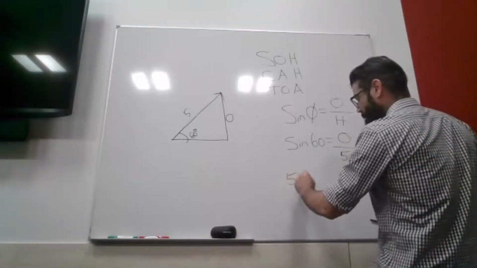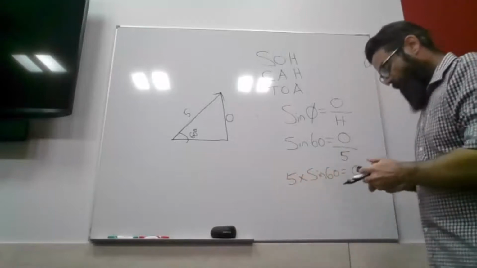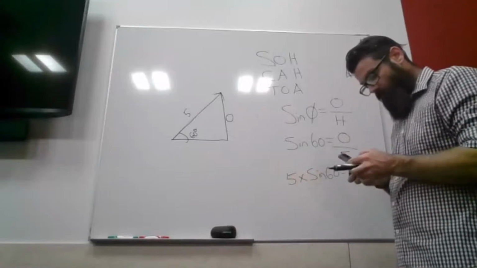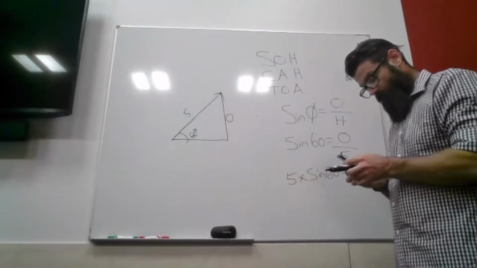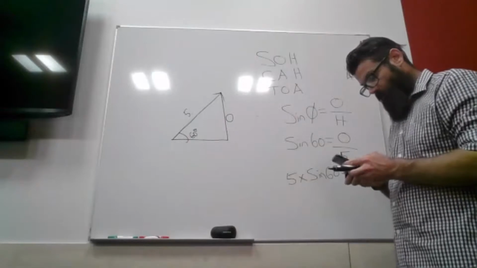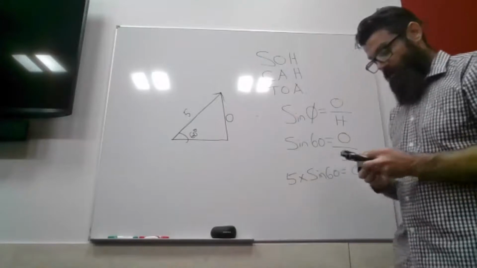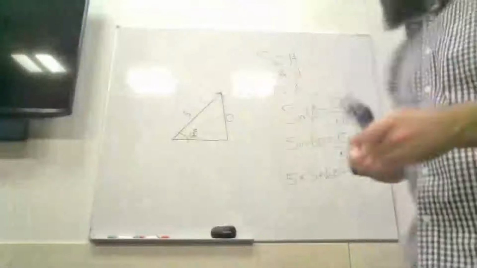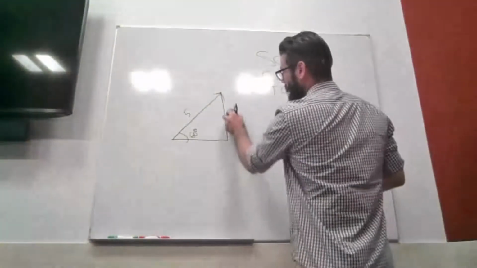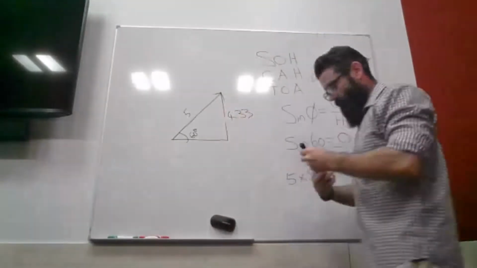So it'll be 5 times sine 60 equals O. So I put it into my calculator: sine 60 times 5, and that says 4.33. There you have it, sine 60 times 5 equals 4.33. So that means the value of my opposite side here is 4.33. Cool.